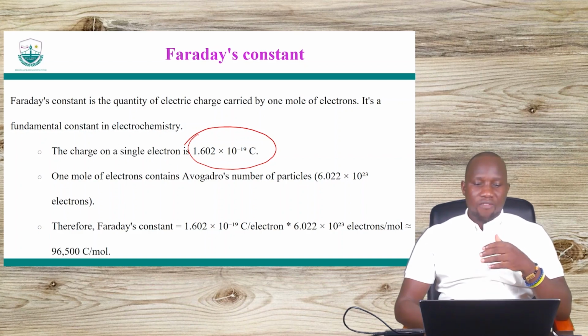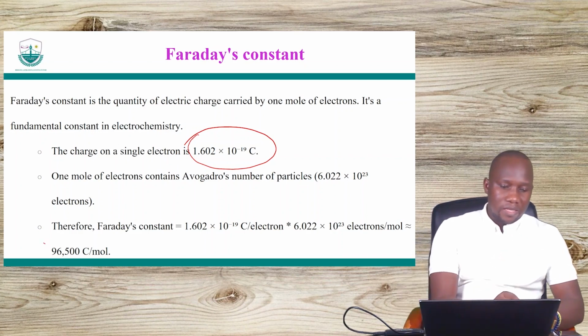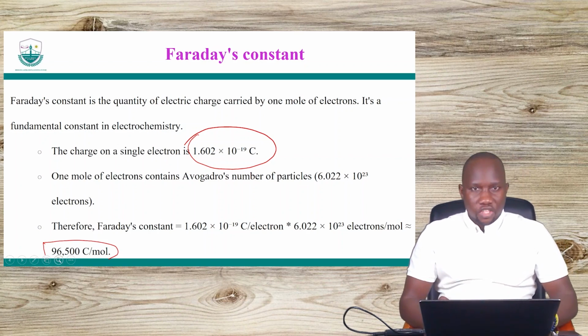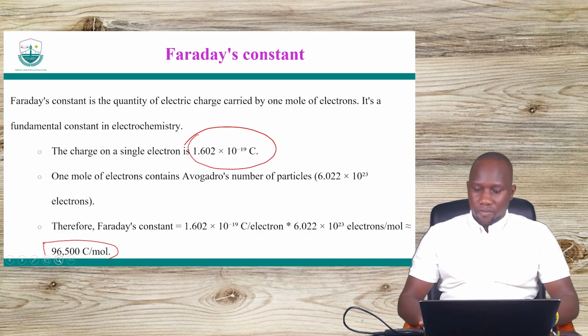And therefore Faraday's constant is this number here. The charge on 1 mole of electrons is actually 96,500 coulombs per mole. Okay, coulombs per mole.